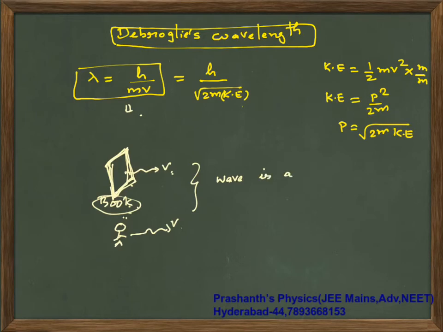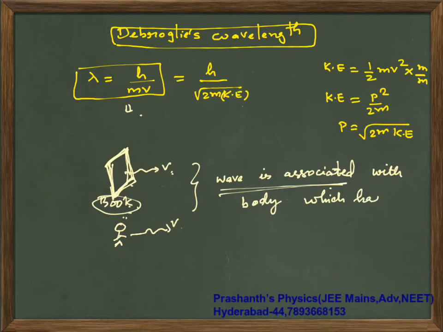A wave is associated with momentum. If the momentum is very high, your wavelength is very less. If momentum is very low, your wavelength is more. So a wave is associated with a body which has momentum. This is what de Broglie explained.